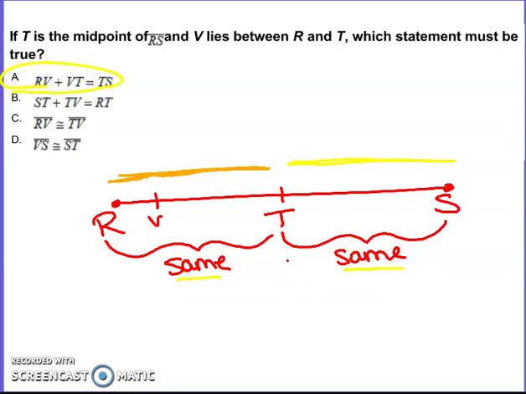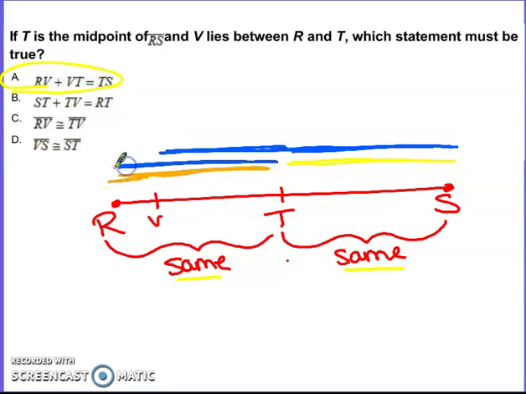It is true. If I look at the next part, we're talking about ST, so that's half, plus TV. Well, that whole big part is equal to RT. If you notice, RT is only half of it. So because we added that extra TV in there, that's not true.